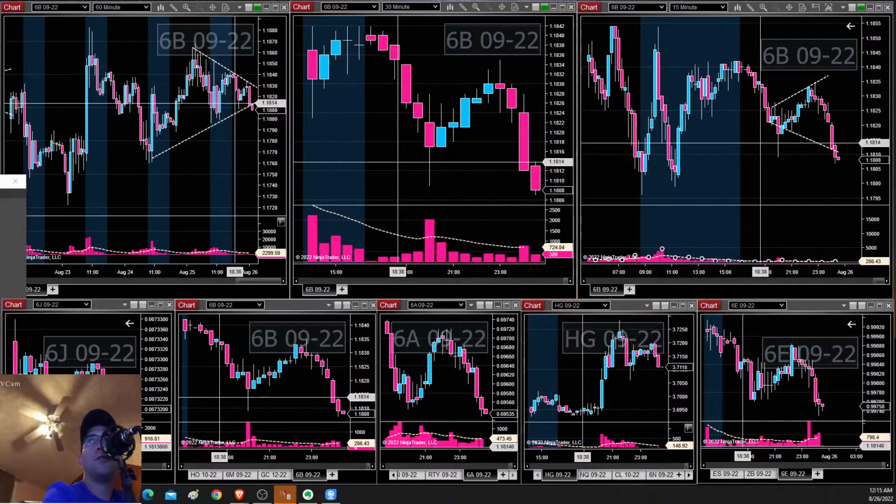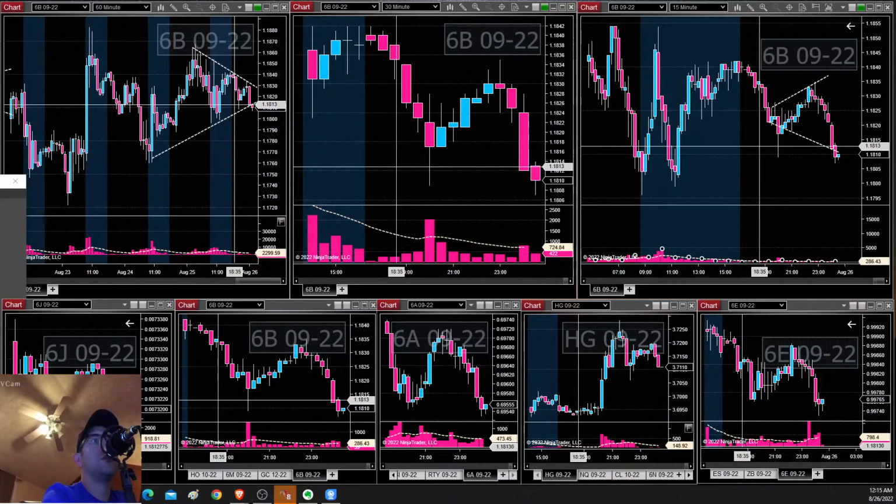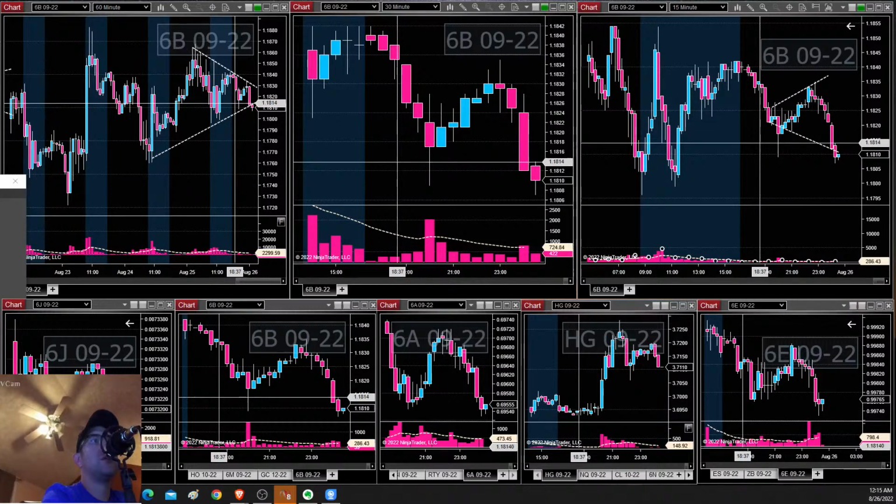But the other currencies continue to fall. Aussie dollar is doing that. Euro is ticking up right now. Let it pull back a little bit. Really nice if this thing continued though.